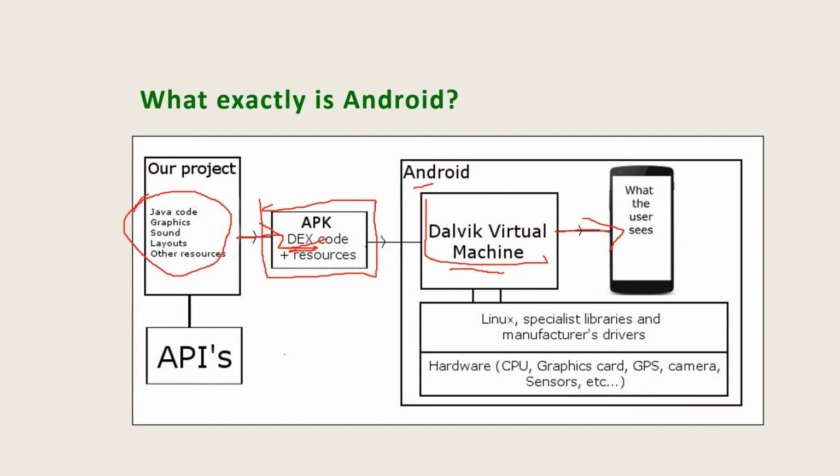Now, as you can see, there are terms here about APIs. Later on, we will discuss API. The idea here is that you have to create a program in Java, then compile it, and it becomes code, and that is the process of compiling, transforming your Java code into Android-readable language code.